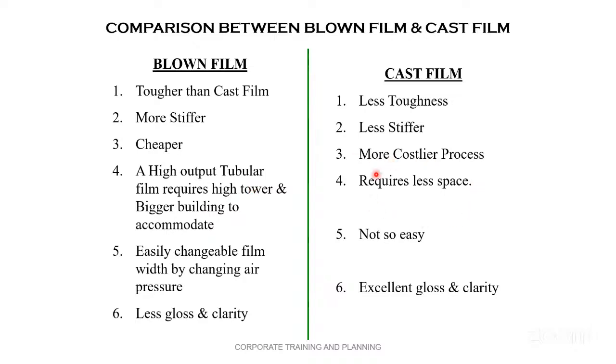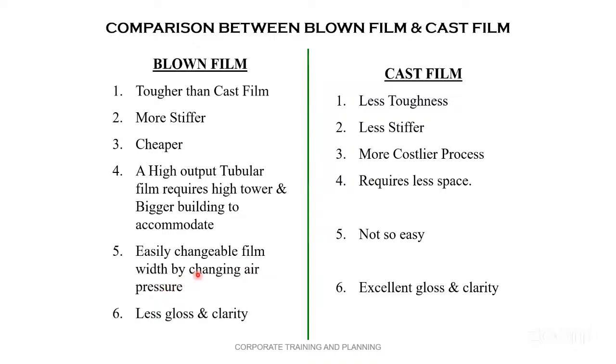But here it requires very little space as compared to that, because there are only the extruder, cast film, chill roll, guiding roll, and the winding unit. Therefore, less space is required.